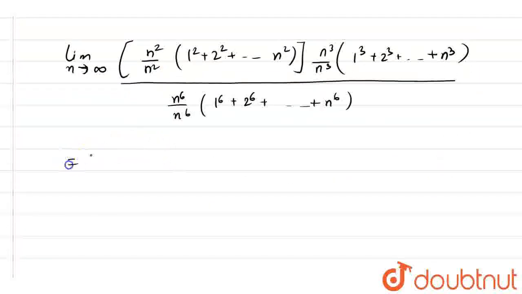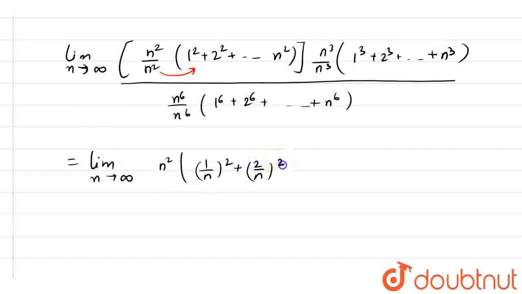Now we have limit n tends to infinity, and if I take this n square inside, it will become n square, and we have (1 by n) whole square plus (2 by n) whole square and so on up to (n by n) whole square.